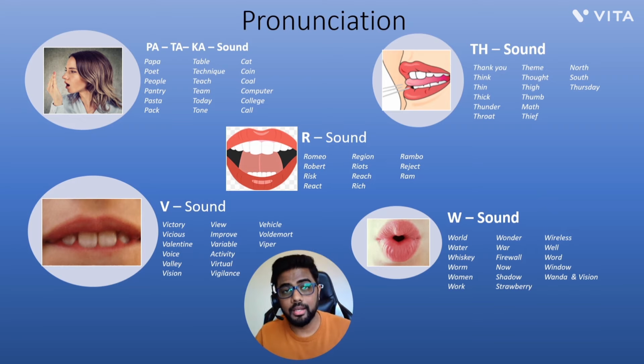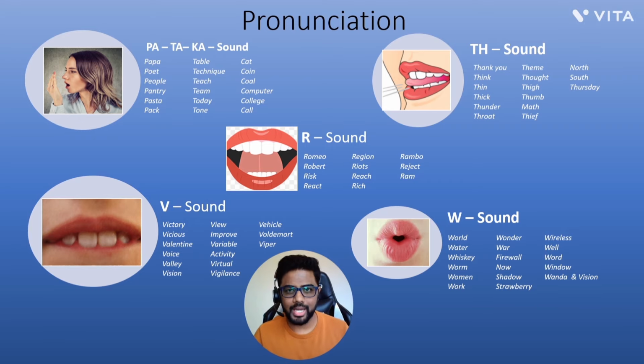And on the other hand, the W sound is rounding up of your lips when you say the words starting with W. It's like world, whiskey. You don't say whiskey, you say world, whiskey, wonder, war. So if you just make these minor corrections, the way you sound will be completely different, right?